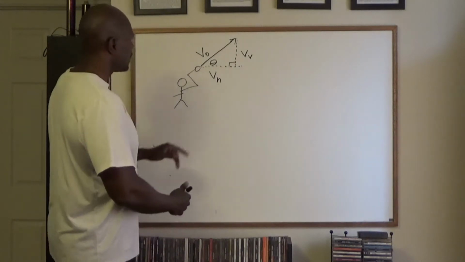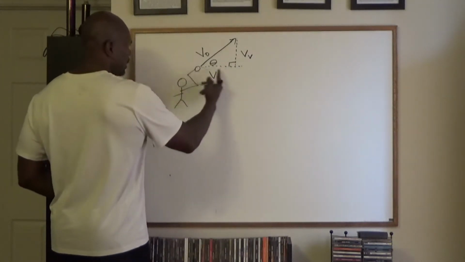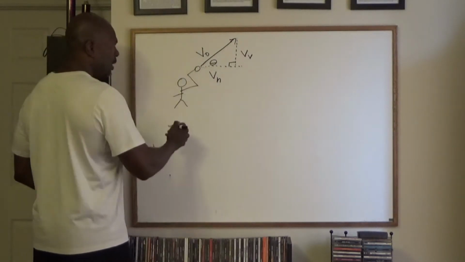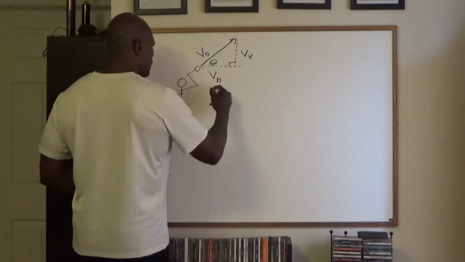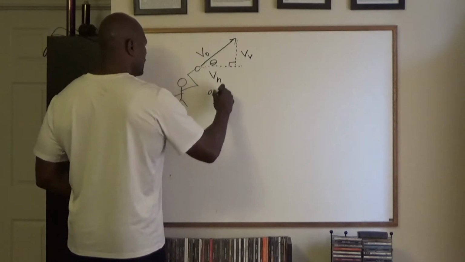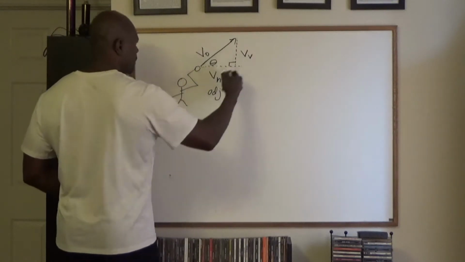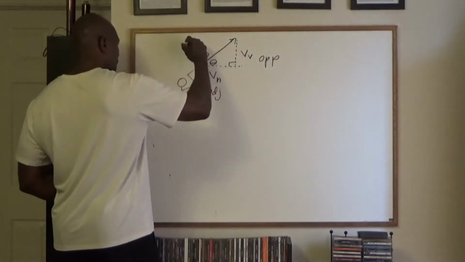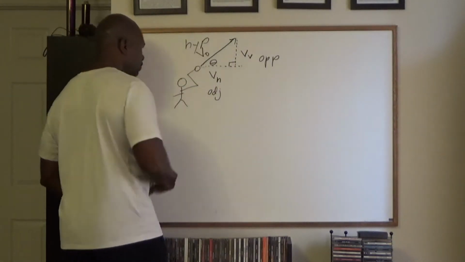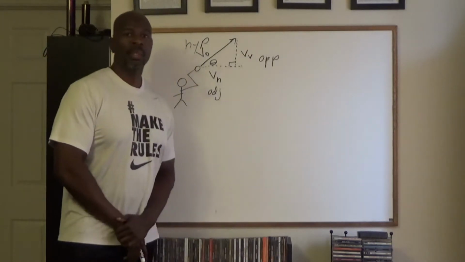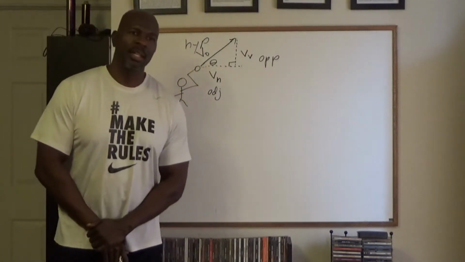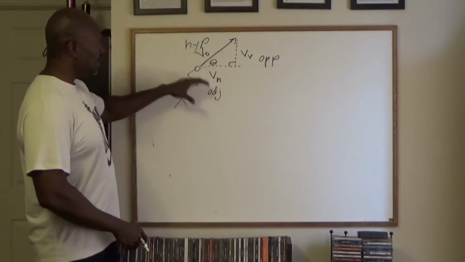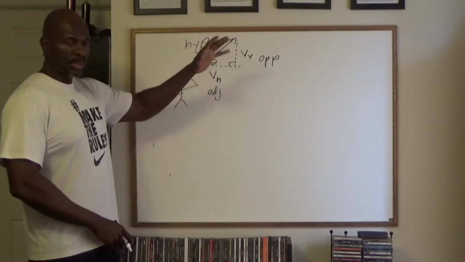If you notice that this forms a right triangle with theta being located here, that would mean that the horizontal velocity is the adjacent side, the vertical velocity is the opposite side, and V0 is the hypotenuse. So if I want to relate the horizontal velocity to V0, that's relating adjacent to hypotenuse, that's cosine.